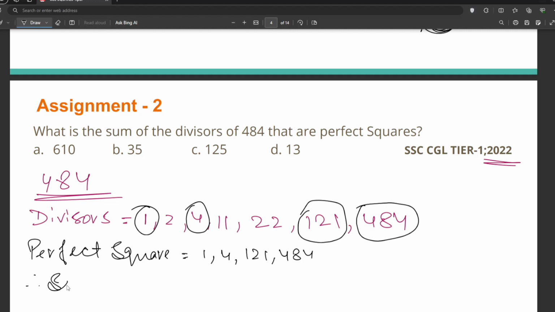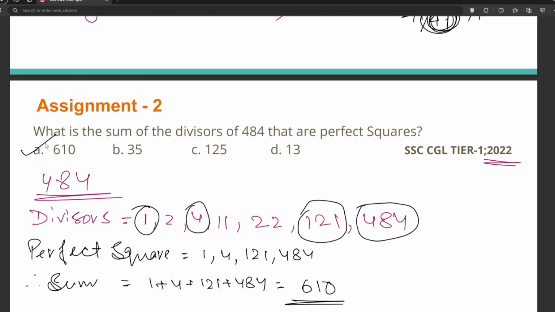Therefore the sum equals 1 plus 4 plus 121 plus 484, which is equal to 610. So the result 610 is the answer, and option A is the answer.